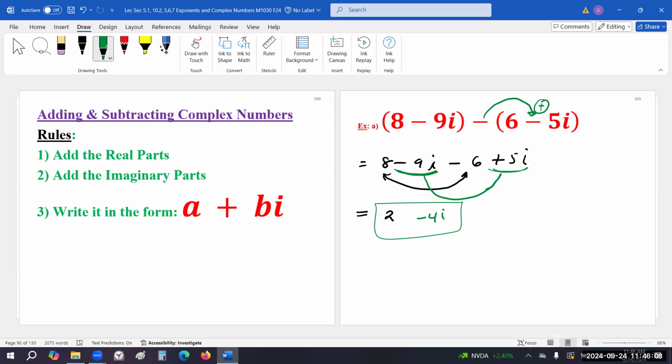So we are subtracting 6 minus 5i. That means the 6 becomes negative 6, and the minus 5i turns into positive 5i because you're subtracting. Anytime you subtract things, they change the sign. But if you add, they don't change sign. Only when you subtract, everything changes sign.